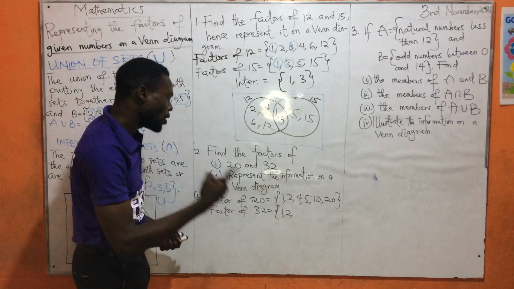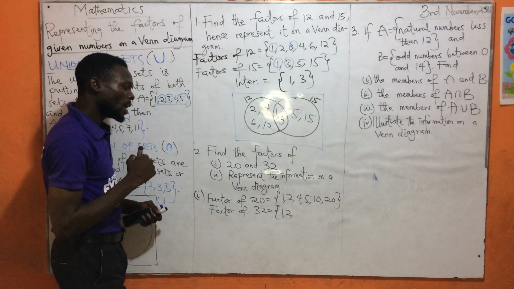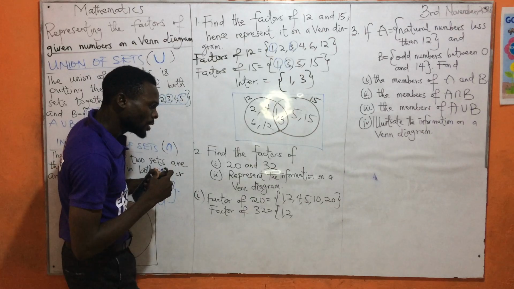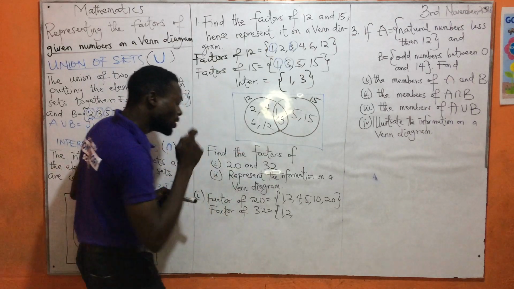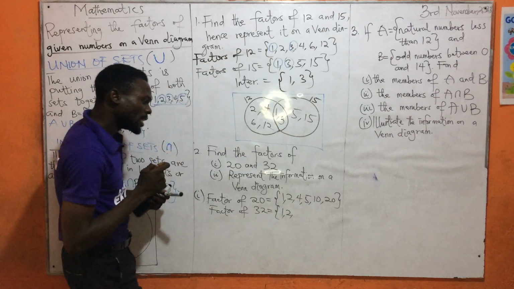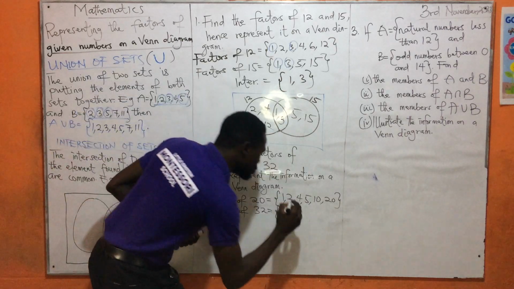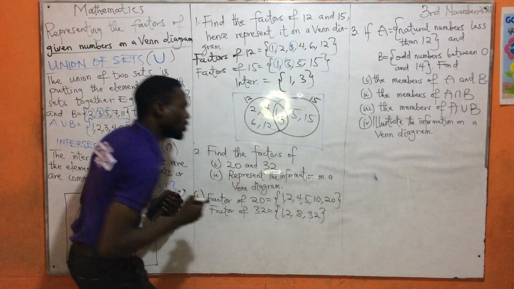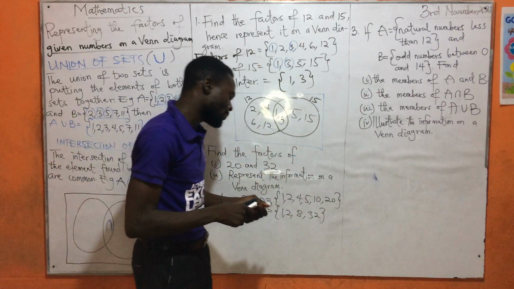So we go to 4, there is no number. We go to 5, there is no number. We go to 6, there is no number. We go to 7, there is no number. We go to 8, then we have 32. Factors of 32, let's confirm.